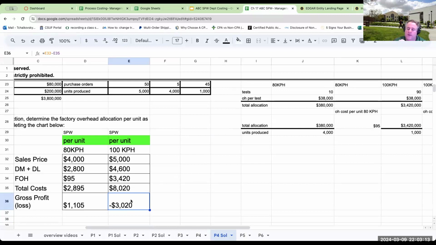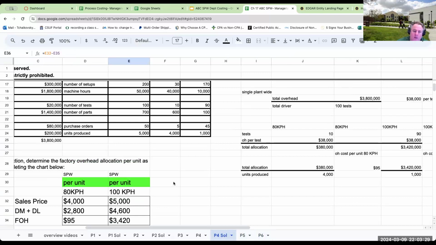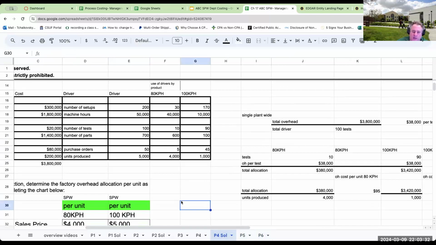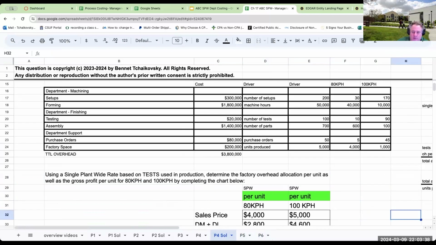Now, the one other thing I'm going to mention to you right now, and we're going to ask you this a little bit later, is: if we said instead of using tests, would there be another cost to use to allocate overhead? I want to address this right now. What's the problem with us choosing to use tests?